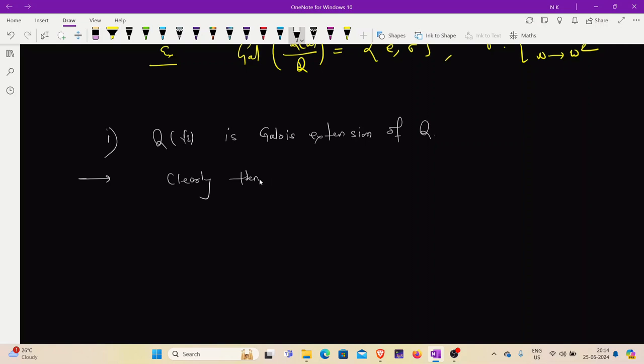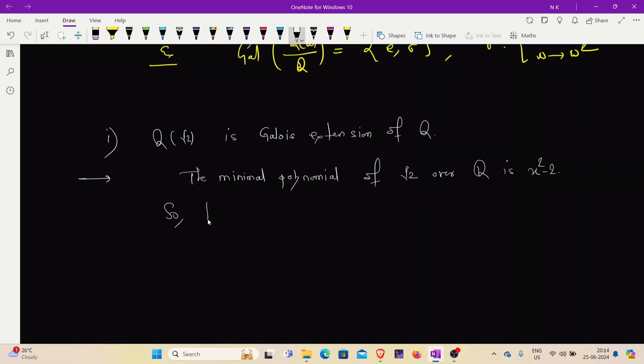Okay, so the basis of Q(root 2): clearly, the minimal polynomial of root 2 over Q is x square minus 2, right?